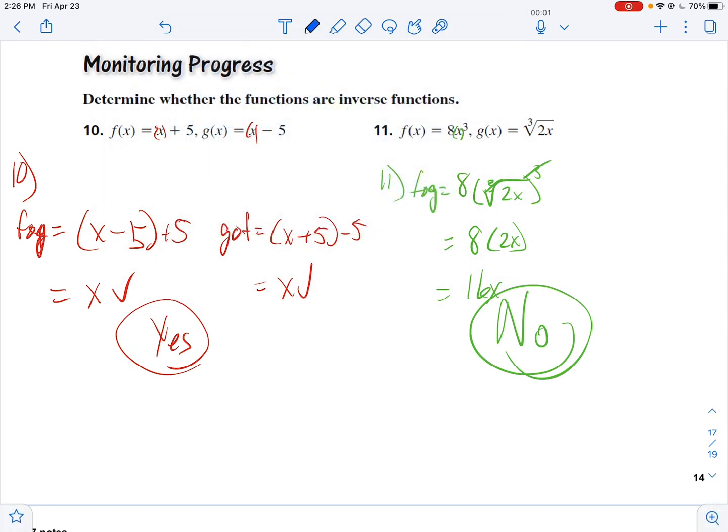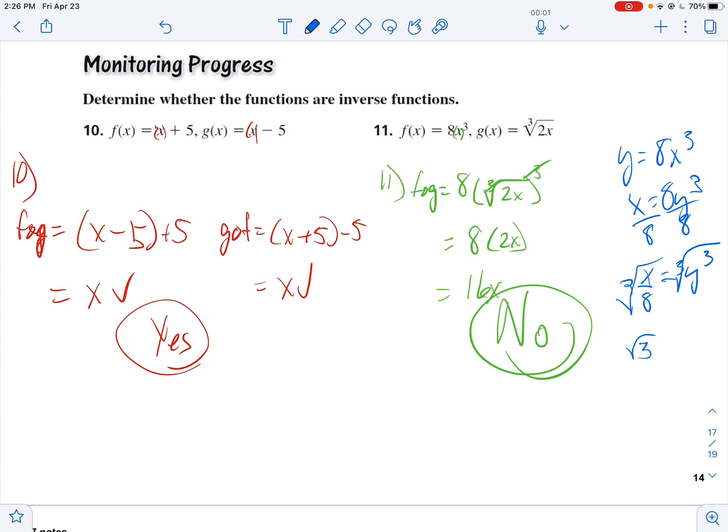And we can even double check that and prove it. Let's just do y equals 8x to the third, and then we'll do the switch. And then we're going to get it by itself. Divide by 8: x divided by 8 equals y to the third, and then we're going to third root it. That's the third root of x divided by the third root of 8.